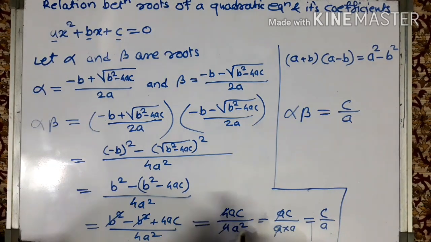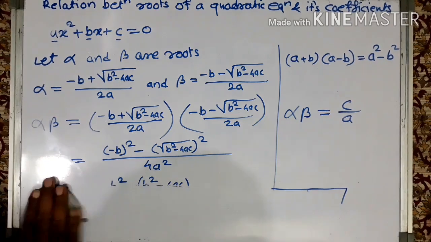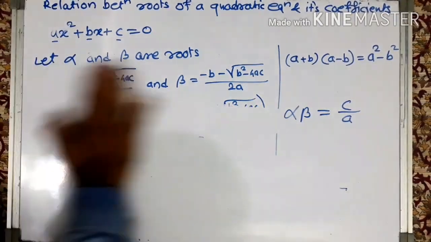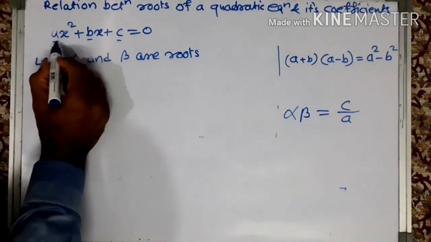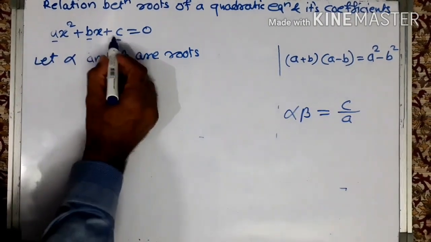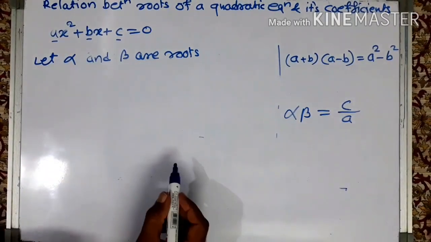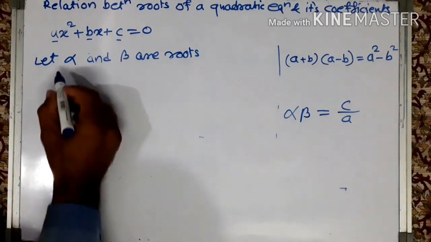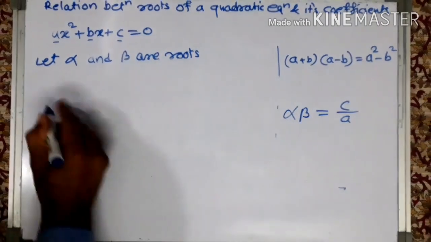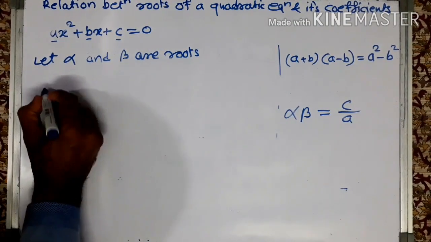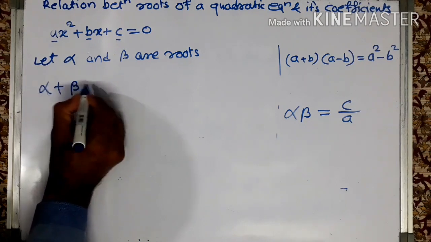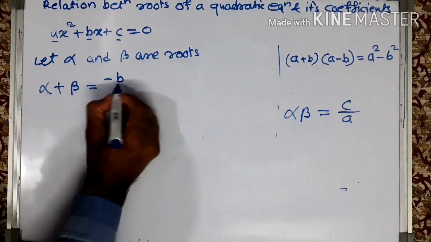So we can write the final conclusion as: if ax square plus bx plus c equals 0 is a quadratic equation and alpha and beta are its roots, then alpha plus beta equals minus b upon a.